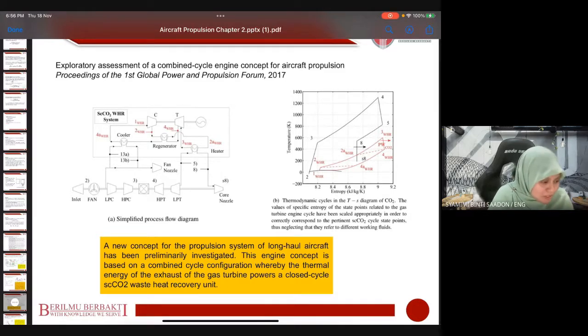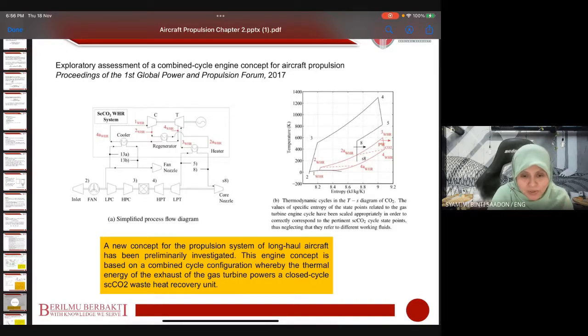So the thermodynamic cycle diagram, the TS diagram of this supercritical carbon dioxide, you can see in figure B. So somehow the TS diagram will change.